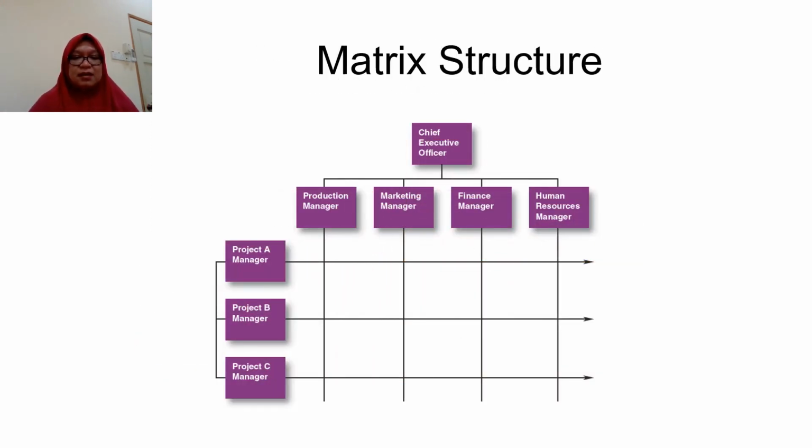Another example: project A, project B, project C. This is the product structure, and this is production, marketing, finance, and human resource, which is the functional structure. So they combine both.